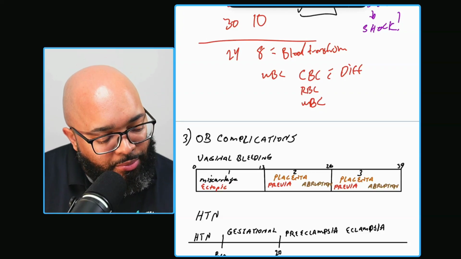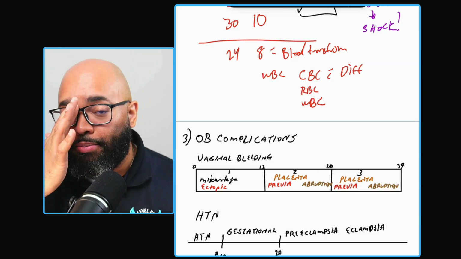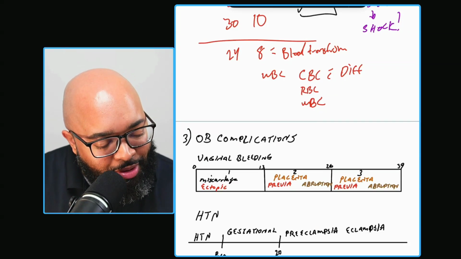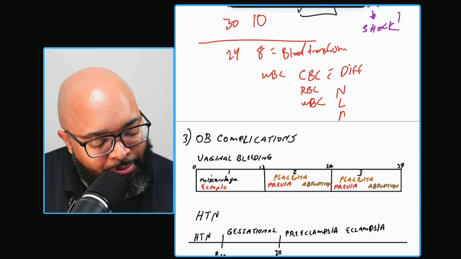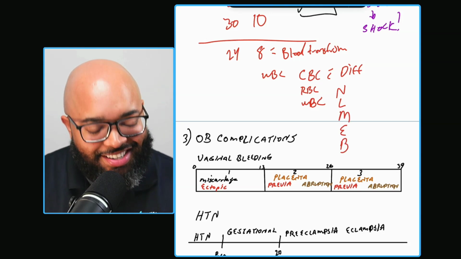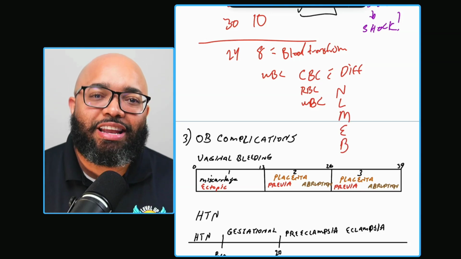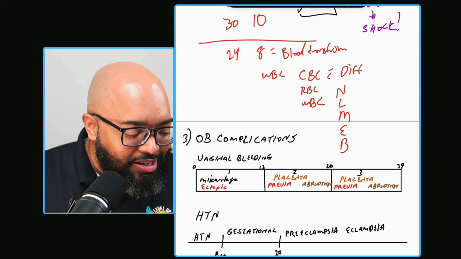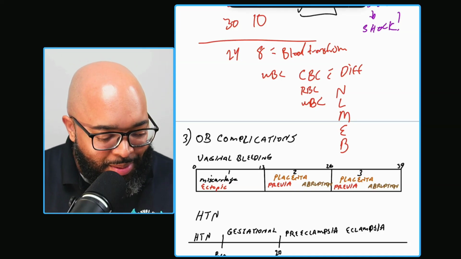We have 5 main types. The way I remember this is never let mom eat beans. Some people learned it as never let monkeys eat bananas. I just like to go with never let mom eat beans.